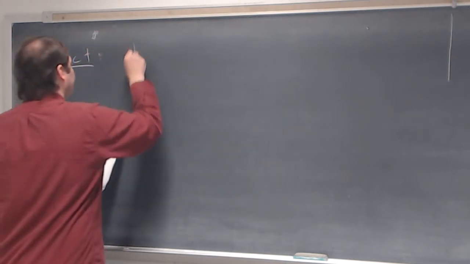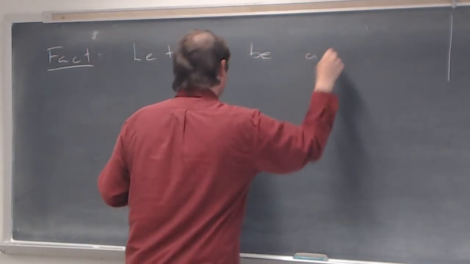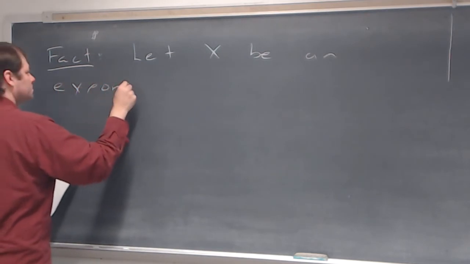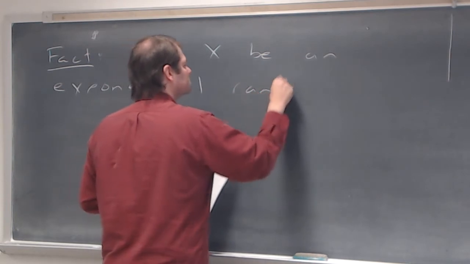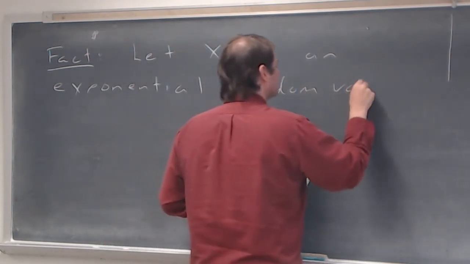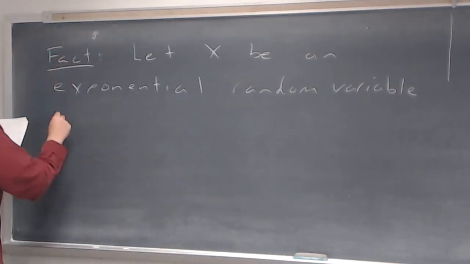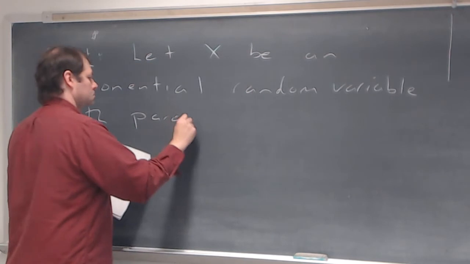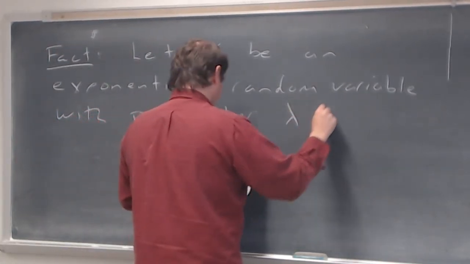It says, let X be an exponential random variable with parameter lambda.